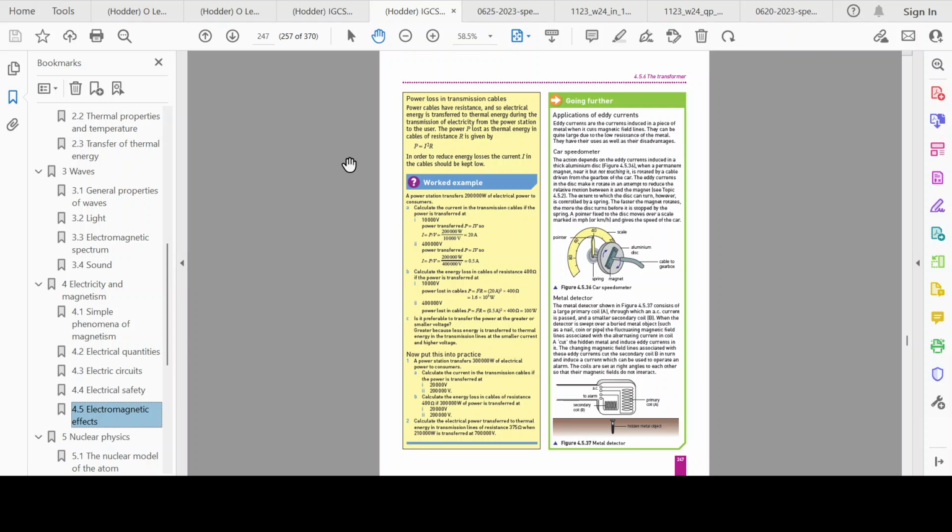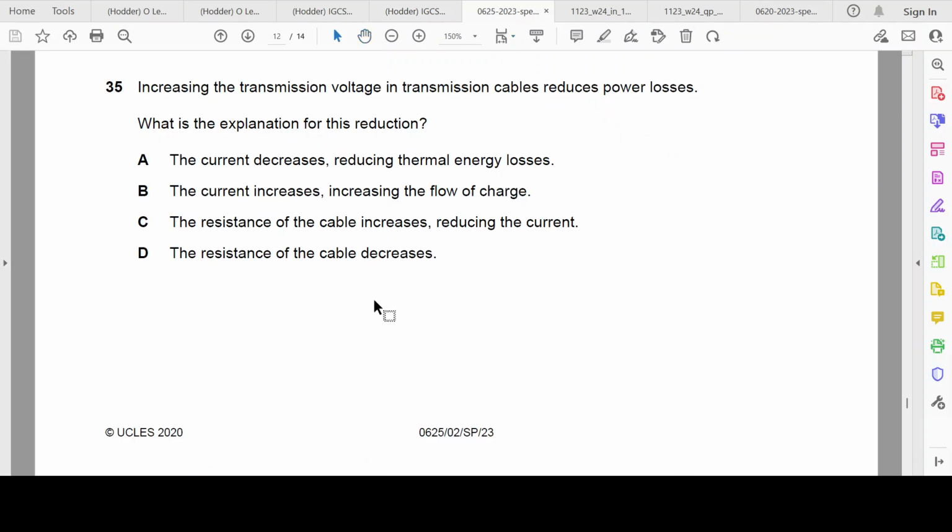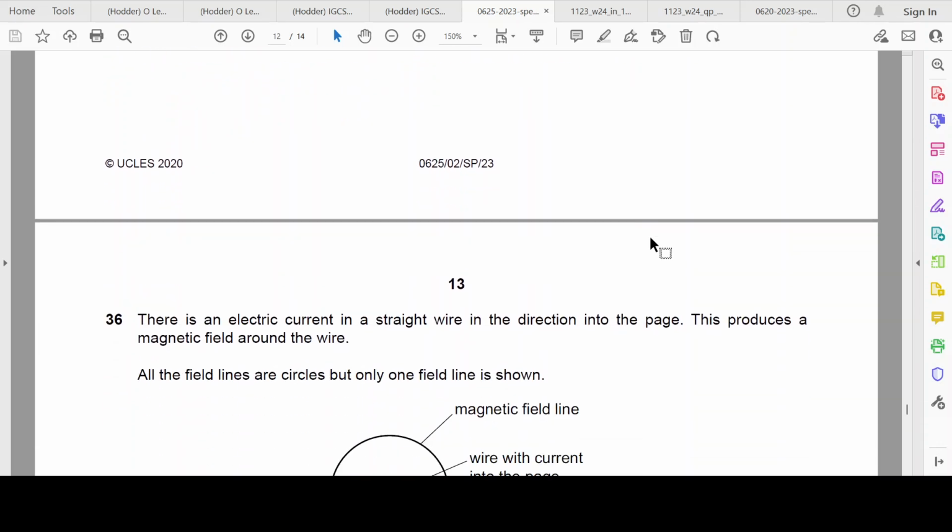So voltage is high, current is low, and you're losing less heat and less power. So yes, A. All right, last 5 questions.